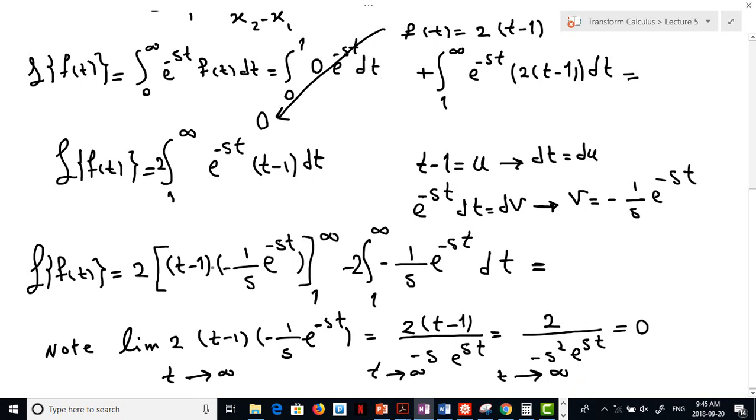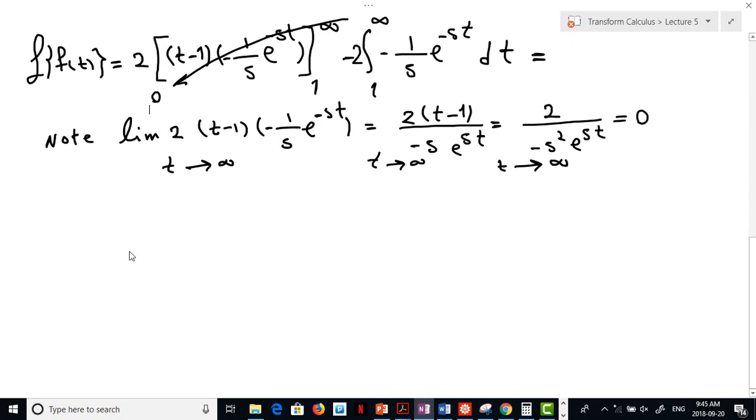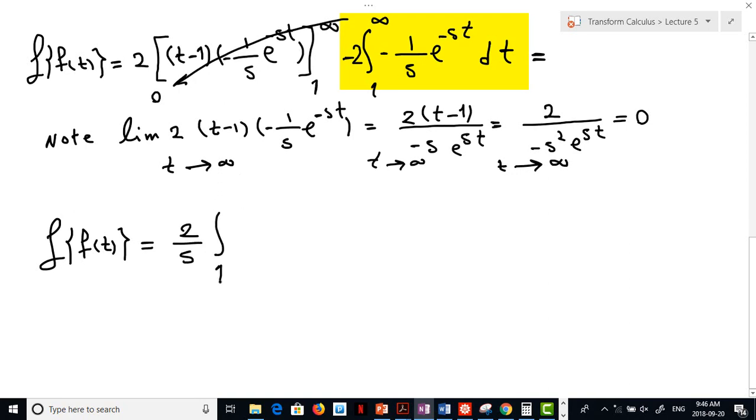So when we apply the upper limit it is equal to 0, when we apply lower limit, so we have t minus 1, so 1 minus 1 is equal to 0. As a result, this term is equal to 0. It means that Laplace transform of f(t) is equal to, so minus 2 times minus, so it's plus 2 over s integral from 1 to infinity e to the power of minus st dt.